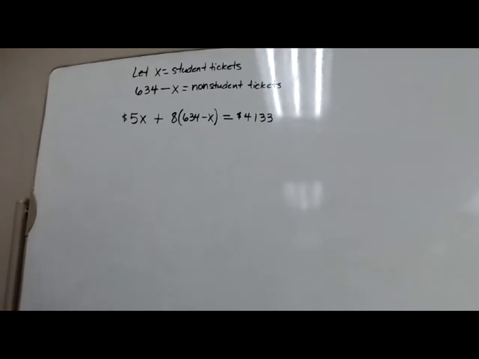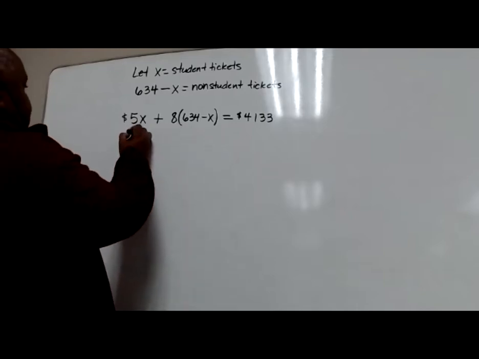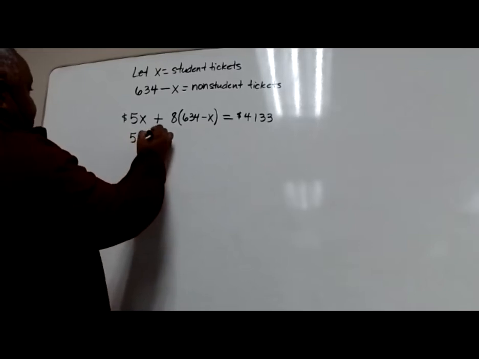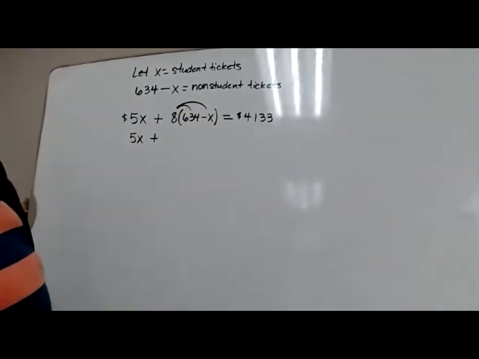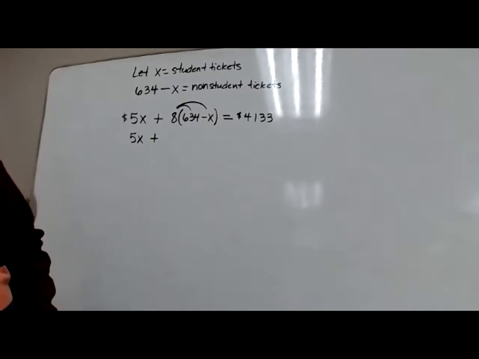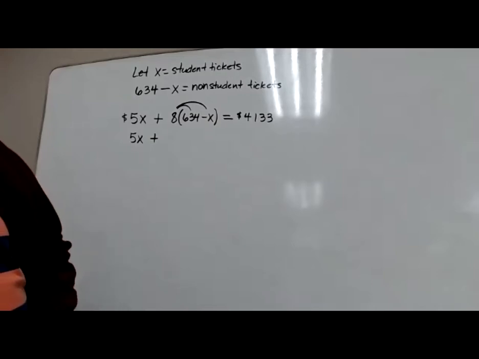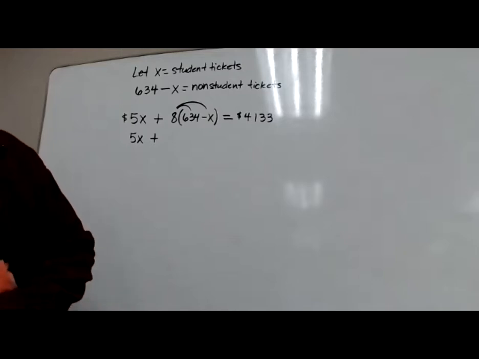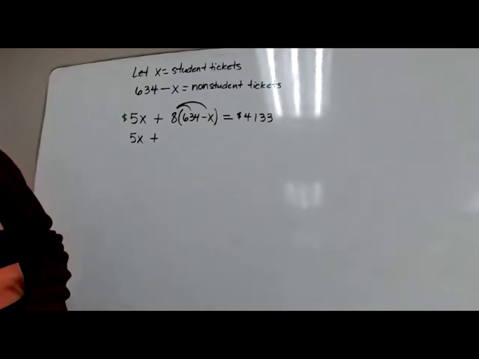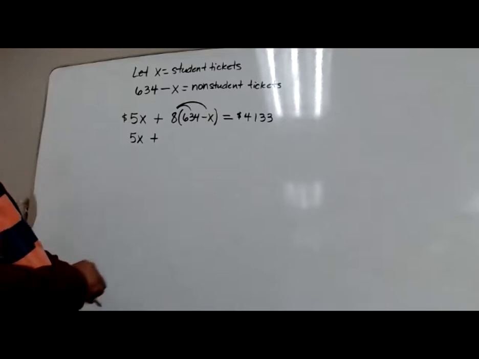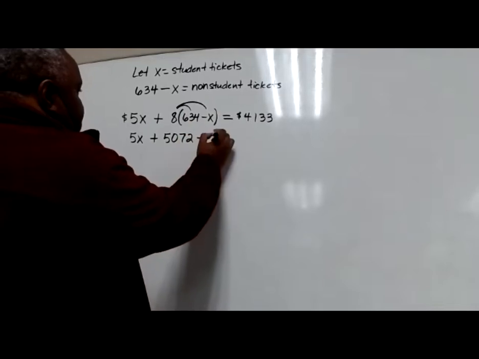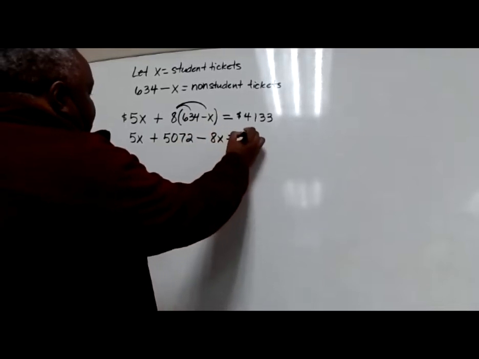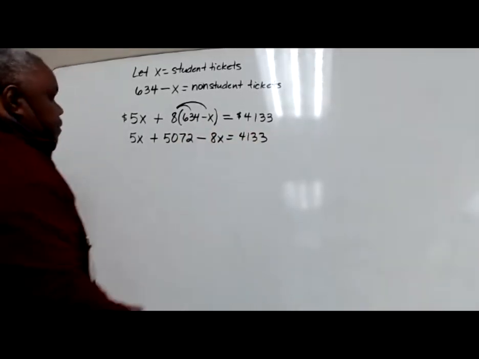All right, so let's simplify, solve this equation. Bring down the 5X and then distribute the 8 over the 634 and the minus X. So in this case, 8 times 634 would be 5,072. Minus 8 times X, that's 8X, is equal to 4,133.